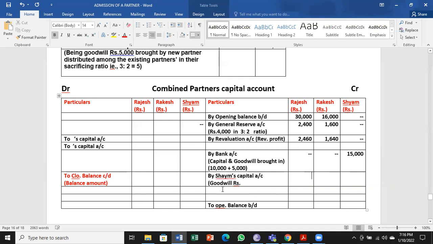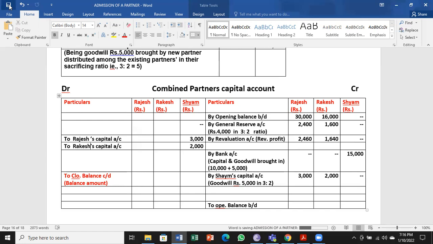That is Rajesh and Rakesh. 5,000 in 3:2: 3,000 for Rajesh, 2,000 for Rakesh. So that has to be again debited to Shyam, because Shyam is giving to Rajesh, and Shyam is giving to Rakesh.